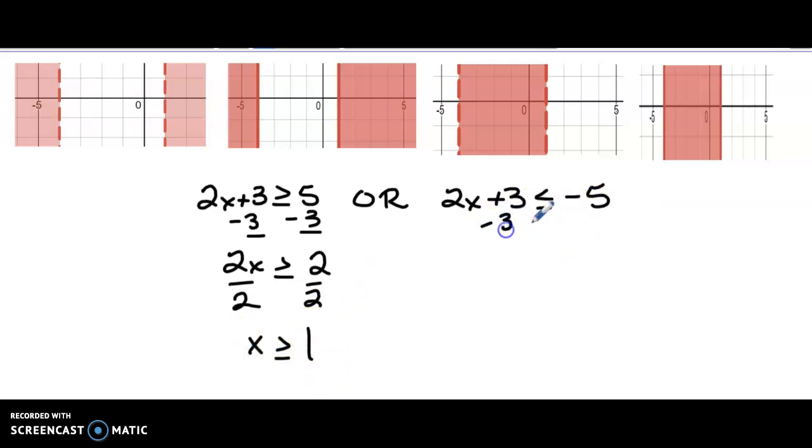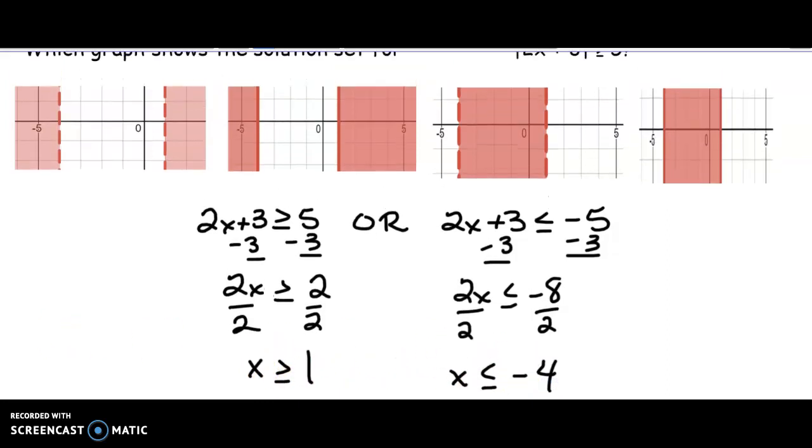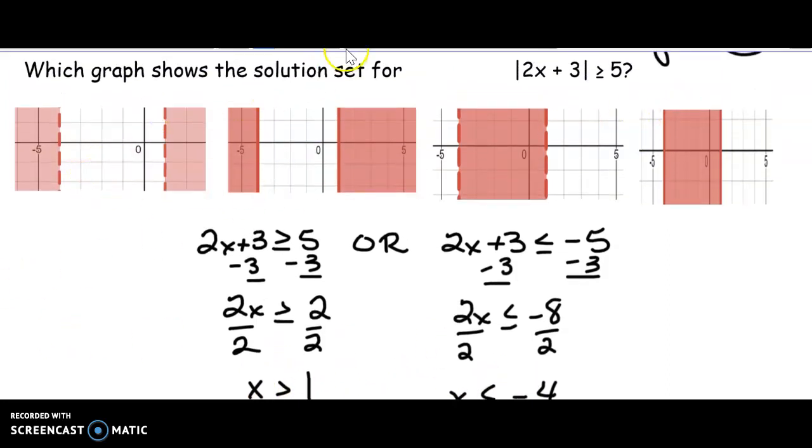Over here, if we subtract 3, we get 2x is less than or equal to negative 8. We divide by 2, so x is less than or equal to negative 4. Because we have the line underneath it, we know that we're going to have solid lines, so we can automatically get rid of this one and this one because they have the dotted lines. Because it's an or, we know it's going to point in opposite directions.